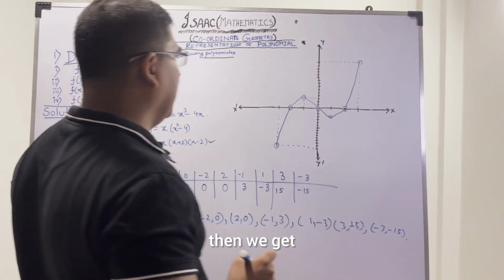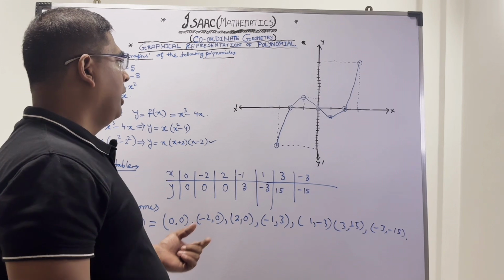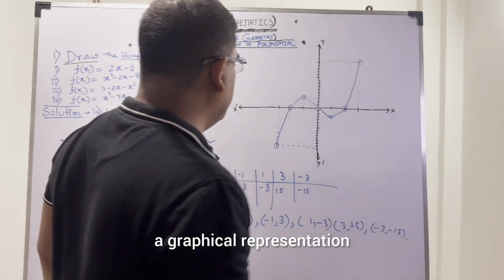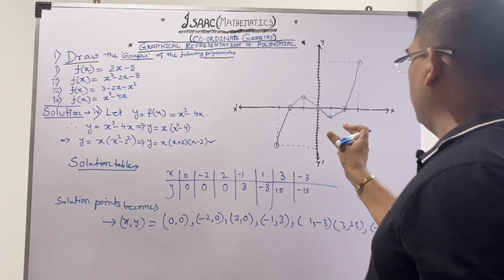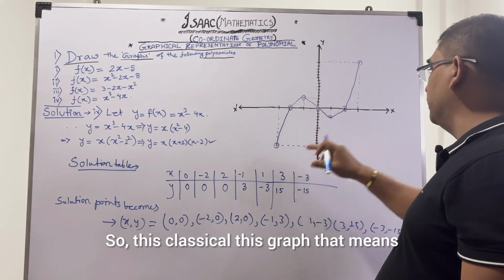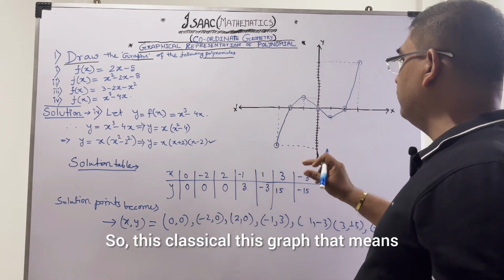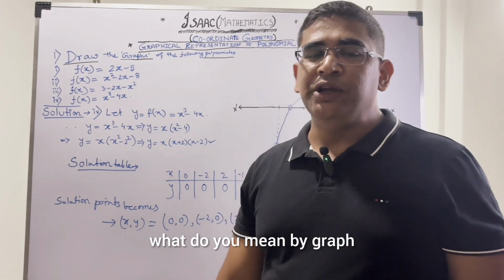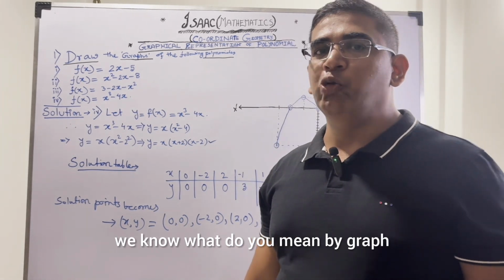then we get a graphical representation of this. What do you mean by graph? In our previous class, we learned what a graph means.